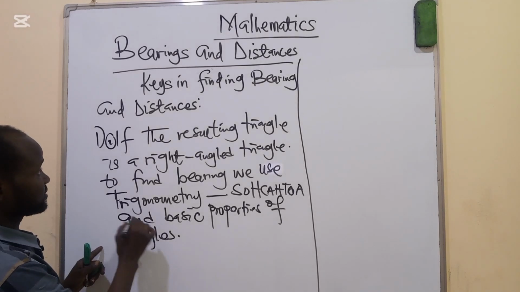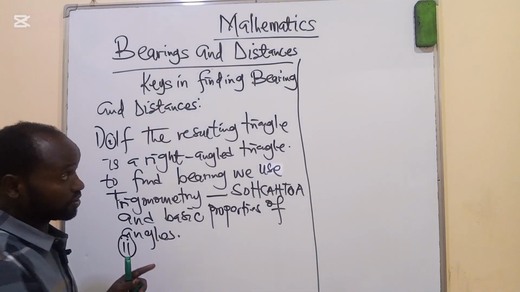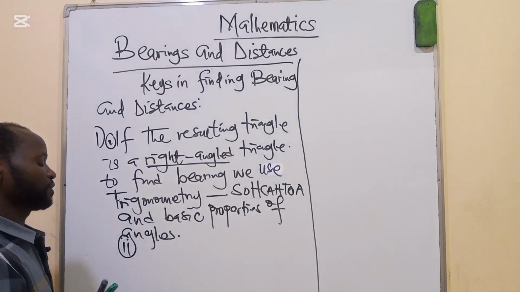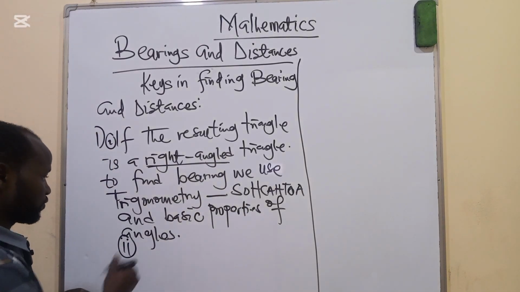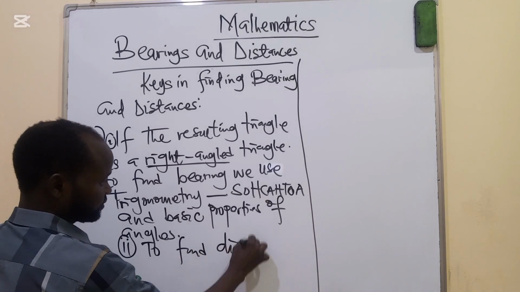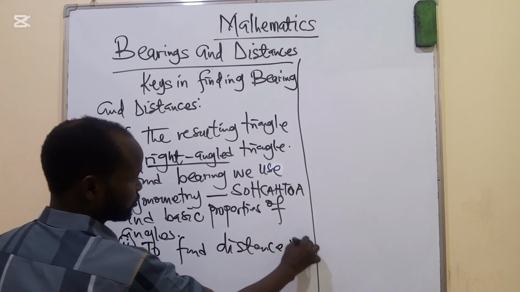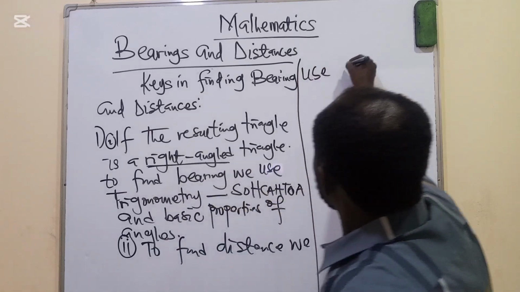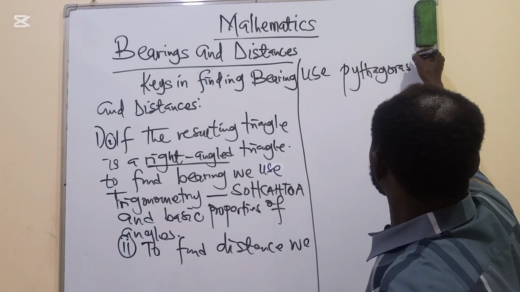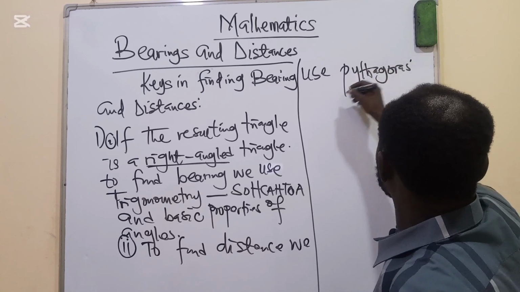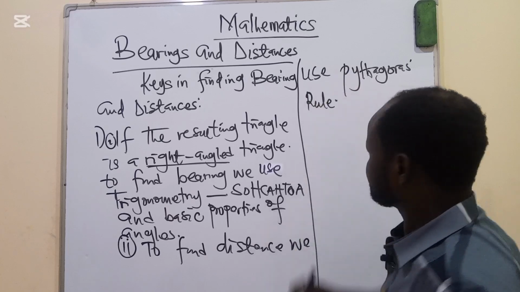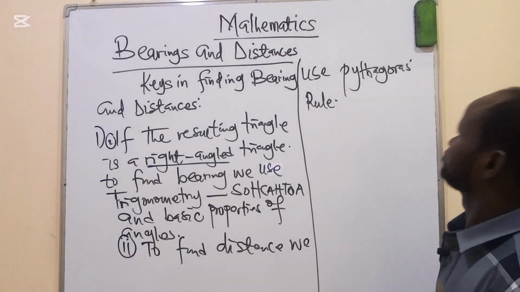To find distance, if the resulting triangle now is a right angle, the keyword here is right angle triangle, we use Pythagoras rule. To find distance, we use Pythagoras rule.